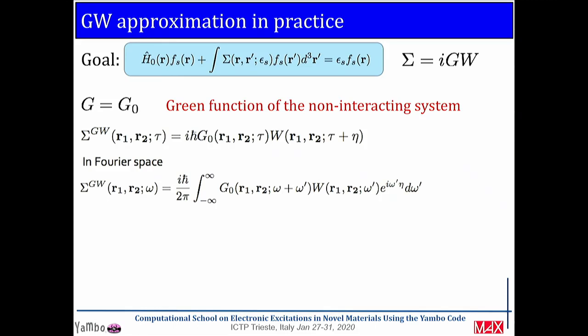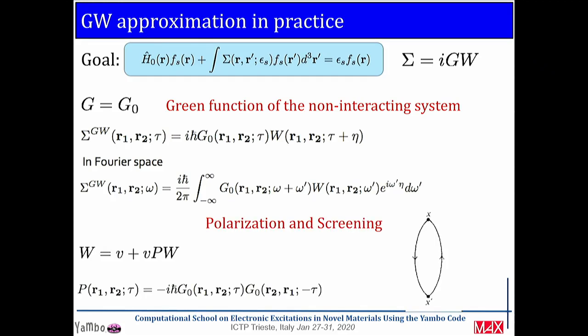In time, by Fourier transform, we have here an expression in the frequency domain, and for what concerns W, this is our Dyson equation for the screened electron potential, and here, with the approximation G equal G naught, we have also an expression for the polarization function that will be G naught G naught, something that we can indeed put in our codes and calculate.